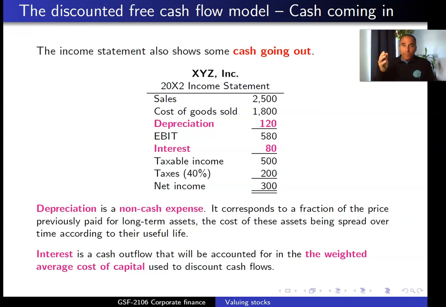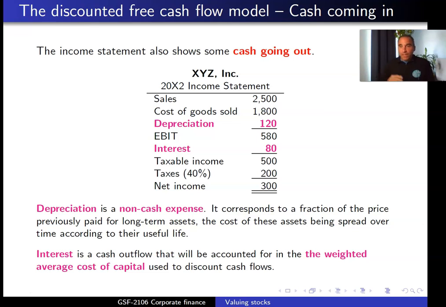So we can subtract from the income statement $120 per year for 10 years. So that would be the accounting cost associated to the equipment we use for the firm to produce the sales. But it is not a cash expense.